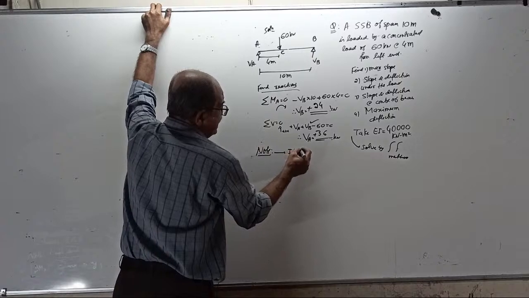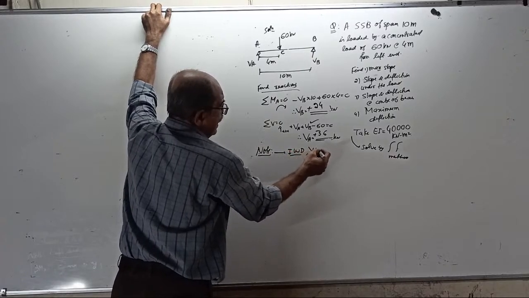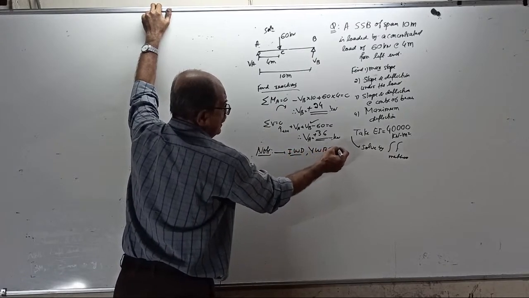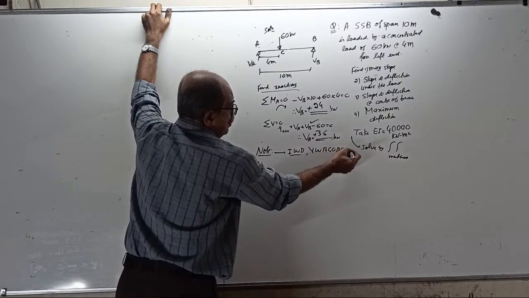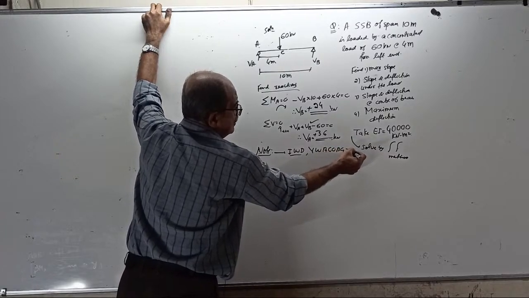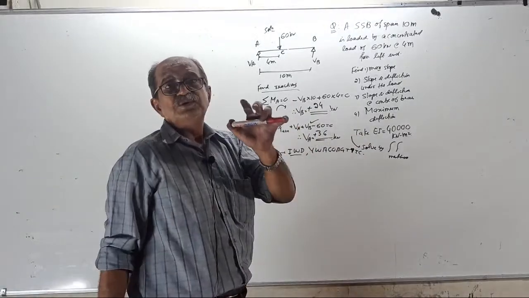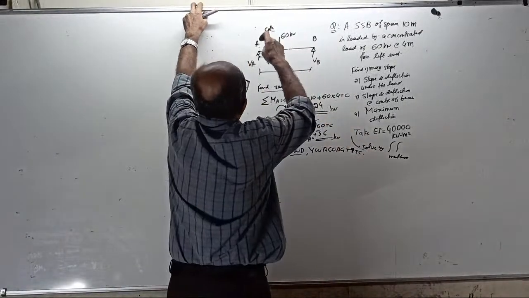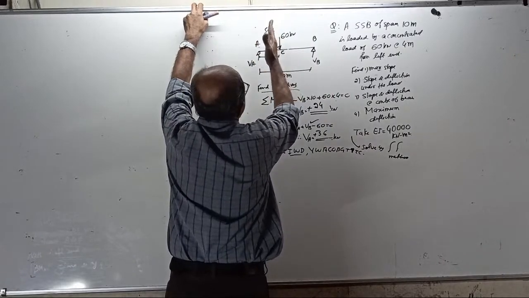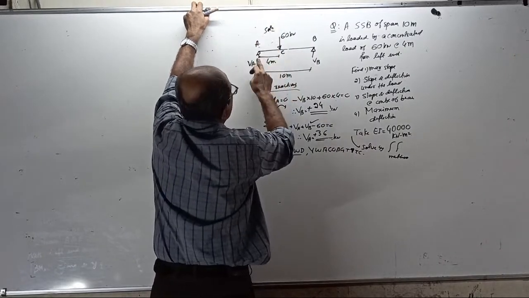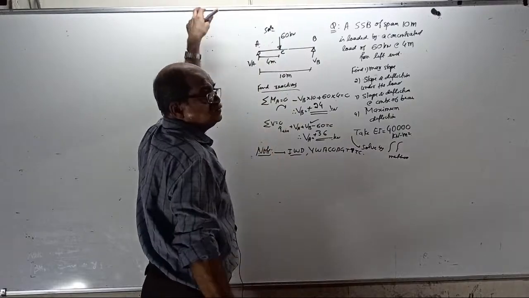I will dictate, you write after the class by going through the YouTube class. Sections: if I take A as origin and take a section here, it is valid only from 0 to 4.